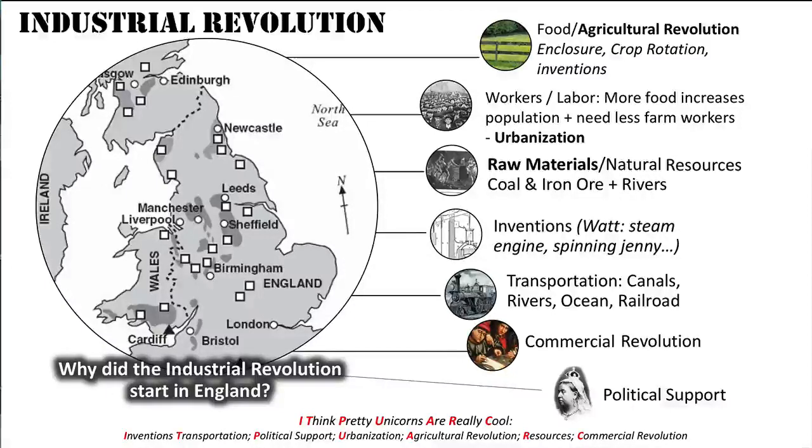And that's one of the key things. Before you can have an industrial revolution, you need an agricultural revolution. You need a huge supply of food, and that food needs to be grown in a way that is very efficient. It needs to be grown in a way where farms are very, very productive with fewer workers.